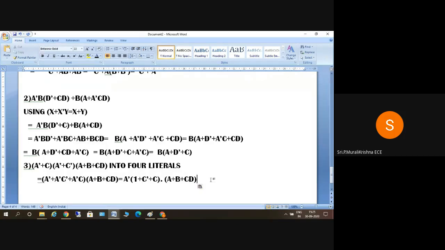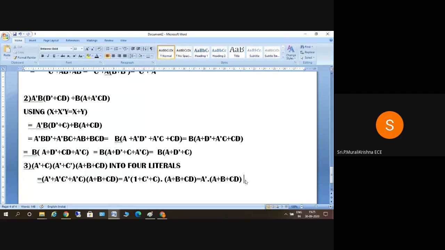So 1 plus anything is 1, so that is equal to A bar into A plus B plus C. Okay, and if I expand this, so what I'll get here?